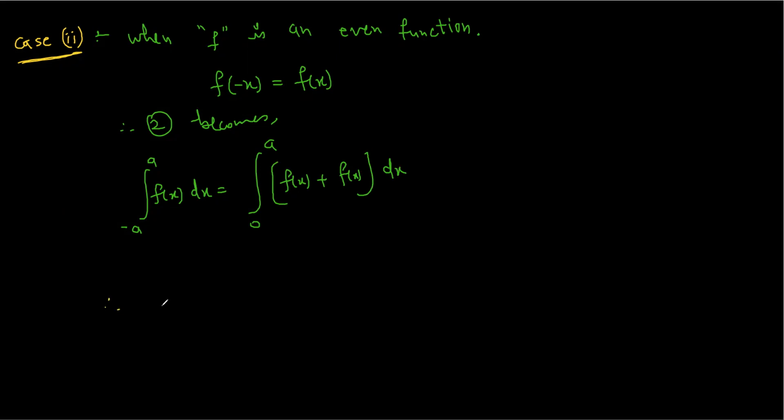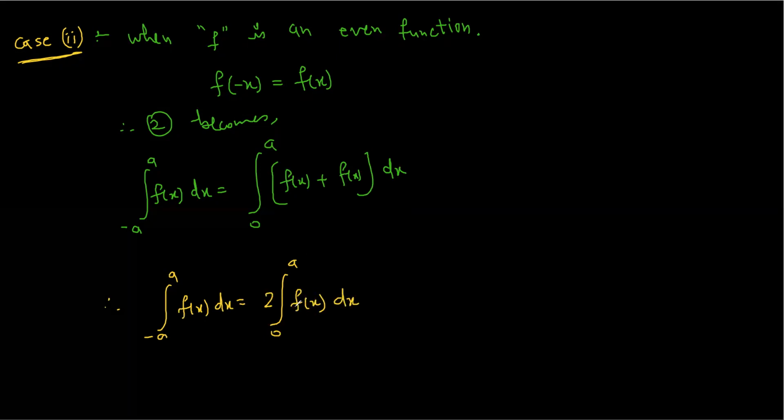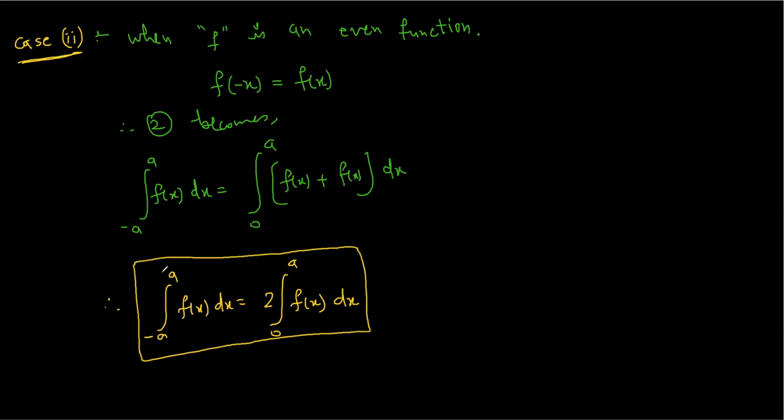It will become, therefore minus a to a f of x dx equals to 0 to a, this is 2f of x, and that 2 will go out. So 2 times 0 to a f of x dx. And see, I have proved even for even function.